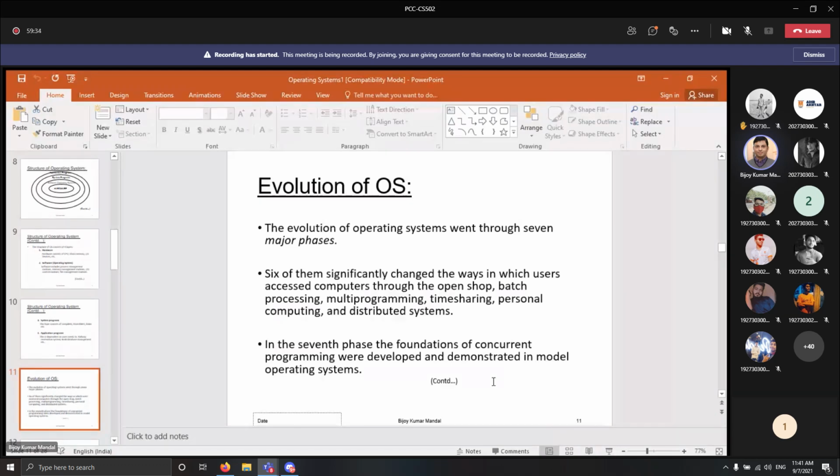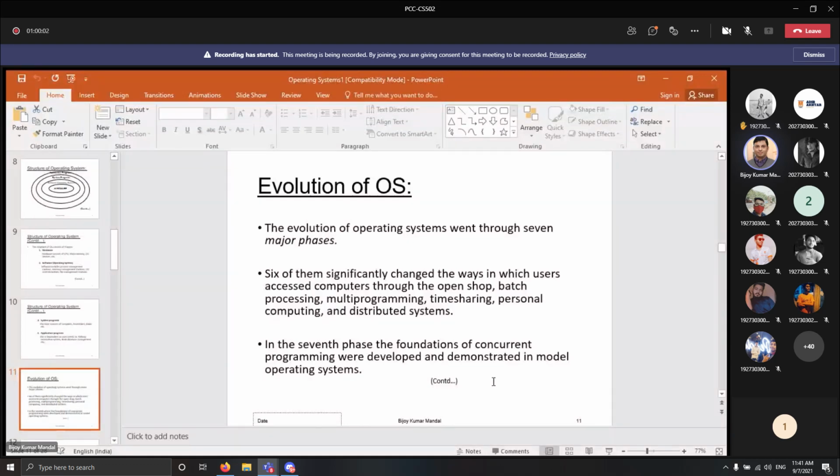Windows ME. What is the meaning of ME? What do you mean by Windows ME? Windows ME means Millennium Edition. That came in September 2000.